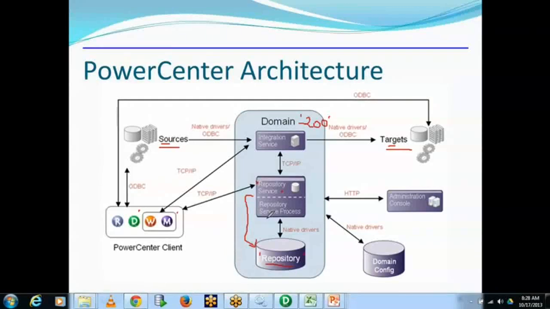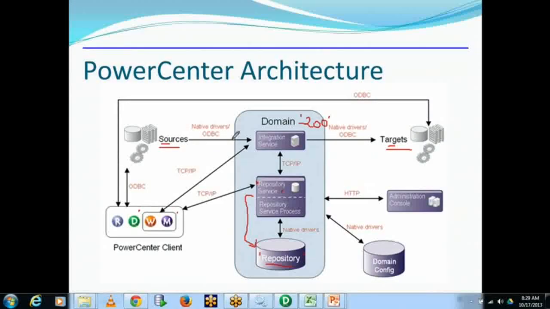The moment I edit it and save it, it is the repository service which will recognize that command of save, and send it across to the repository using its own services of create, insert, delete, or change the repository content. Once it is done here, it will again send a signal to the repository service which will be sent to the client tools.